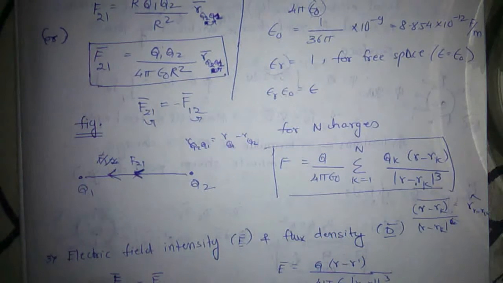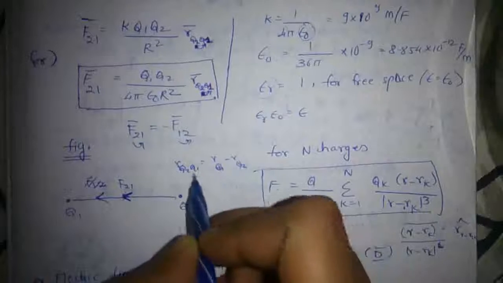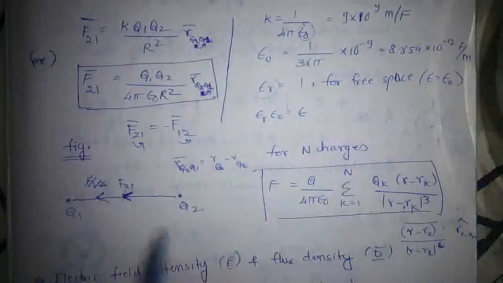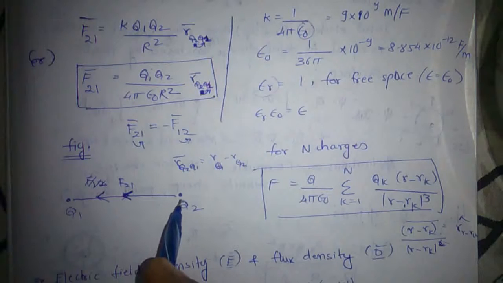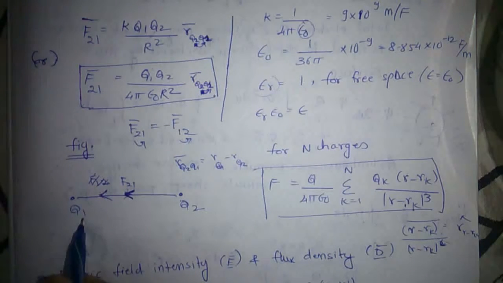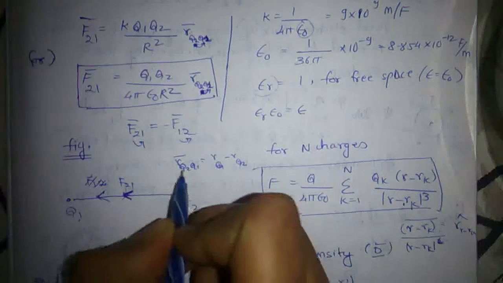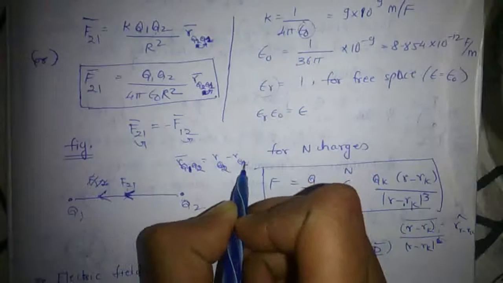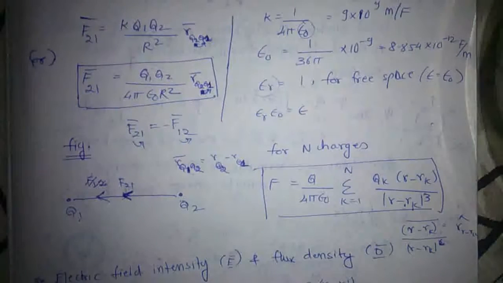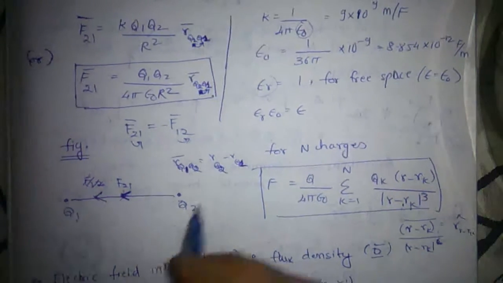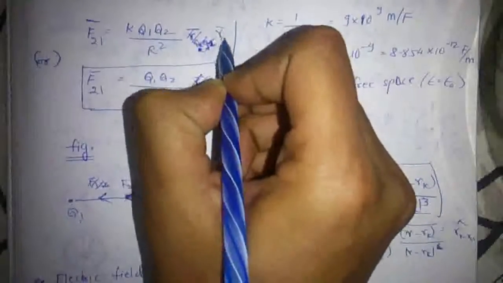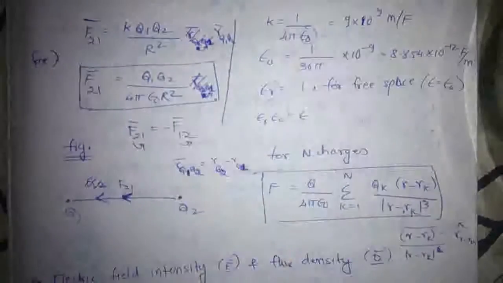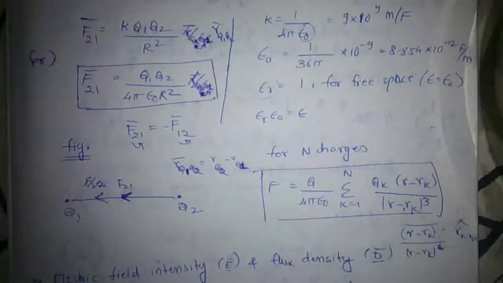So I want you to learn from this mistake that in case of this particular force, since the force is exerted from Q2 to Q1, we'll be writing it as Q1 to Q2, the opposite way. So this is RQ2 minus RQ1. That is, the direction vector is from Q2 to Q1. So this was previously correct. Right? This has to be RQ1, RQ2. Now you don't make this mistake again.